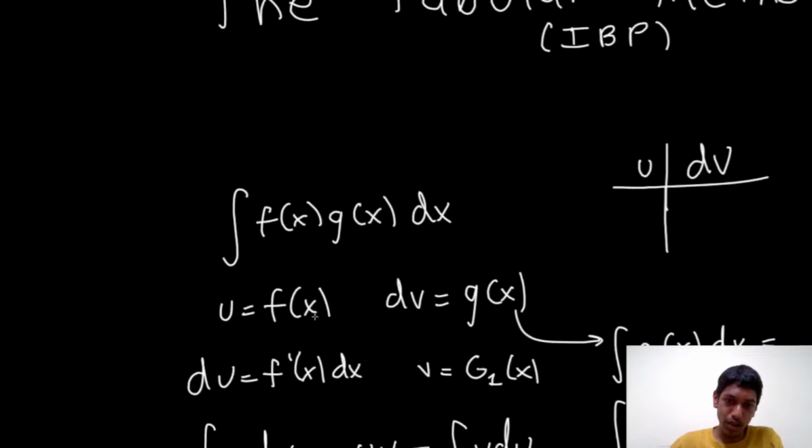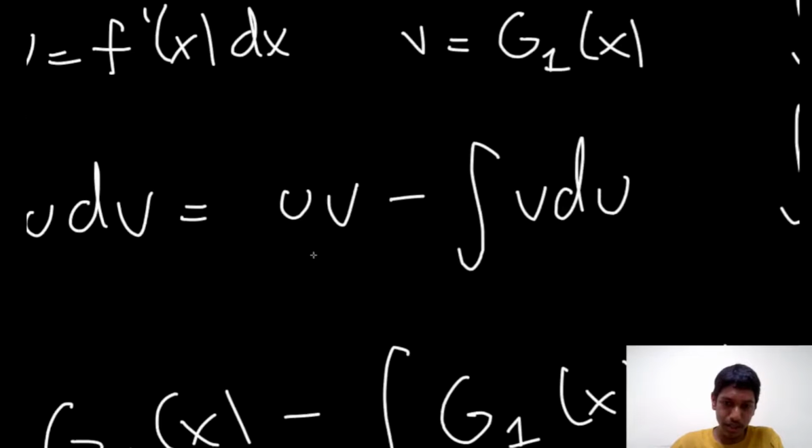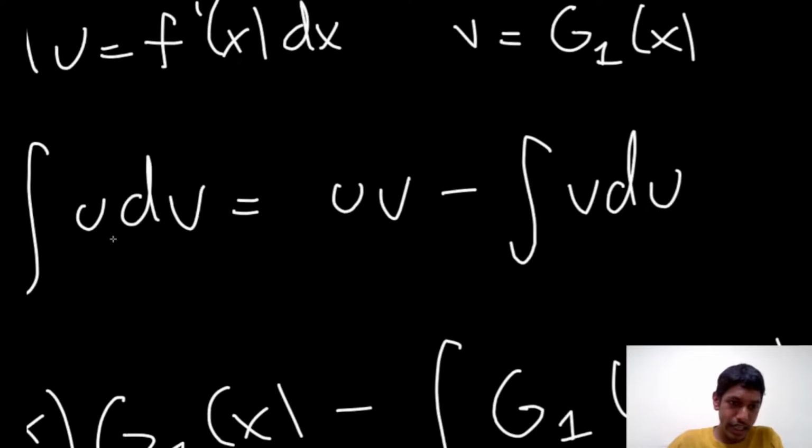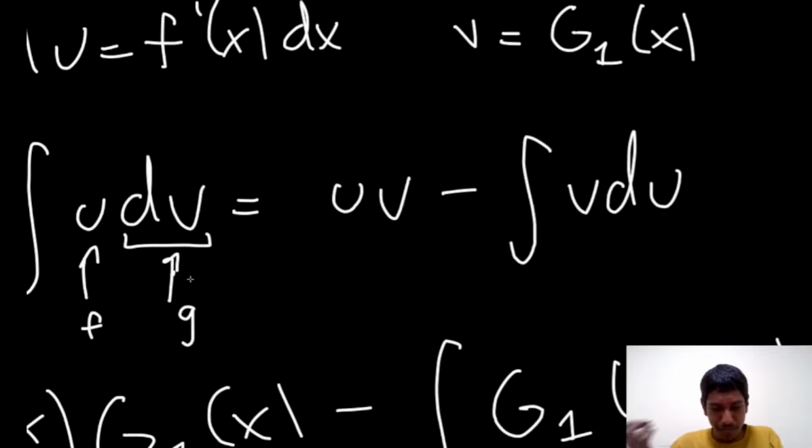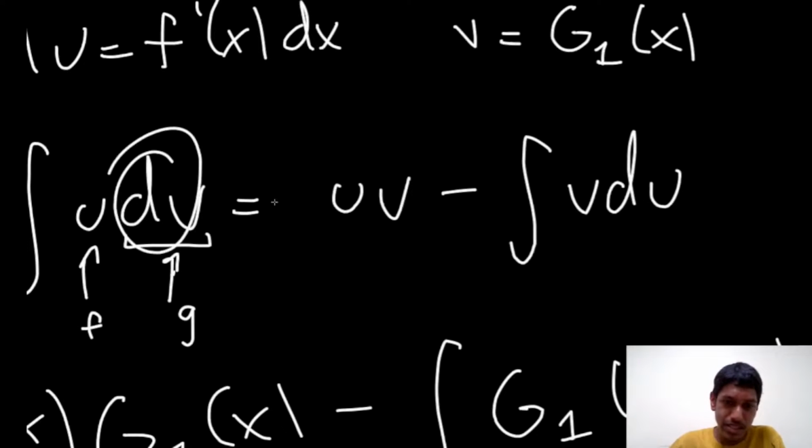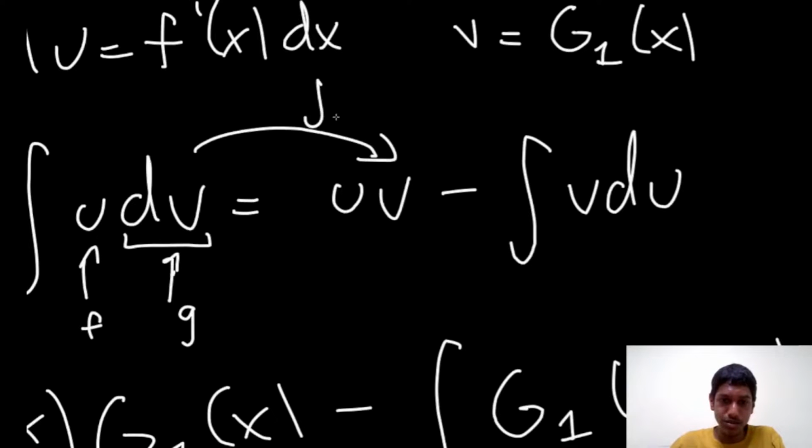So why is that? Well, if we go back to the formula, remember u was f and dv was g, and basically to get from dv to v, we integrated one time, right? We had to anti-differentiate one time.